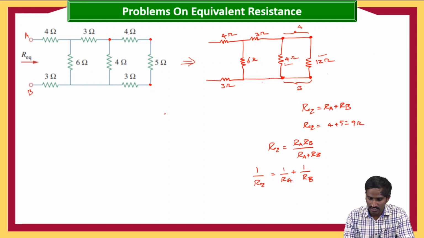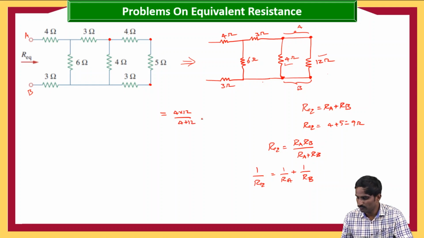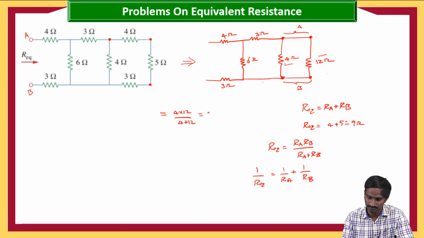Then the equivalent resistance here is 4 into 12 by 4 plus 12. Then 4 into 12 divided by 4 plus 12, which is 16. So the answer is 3 ohms. Right.